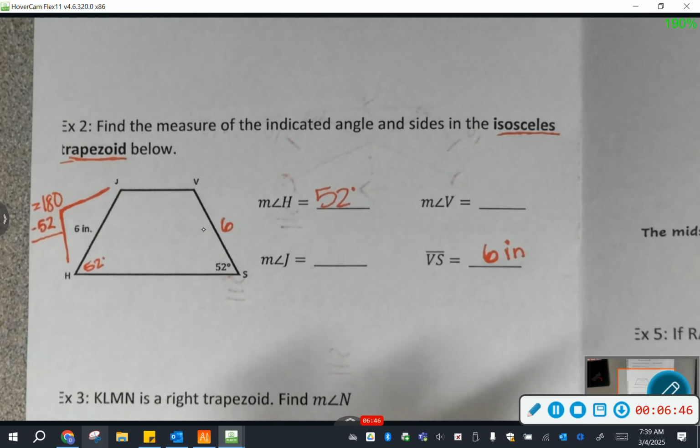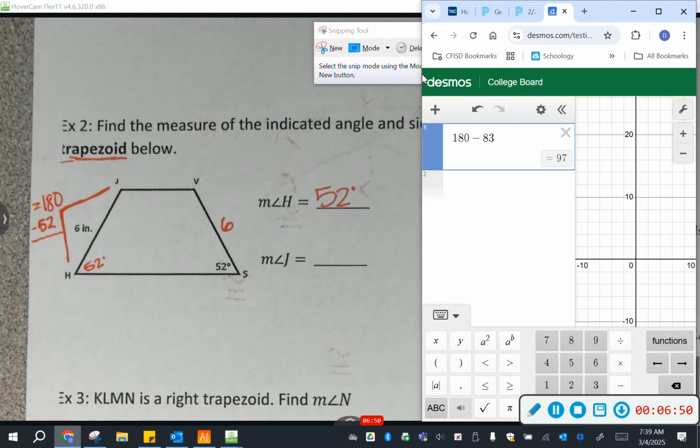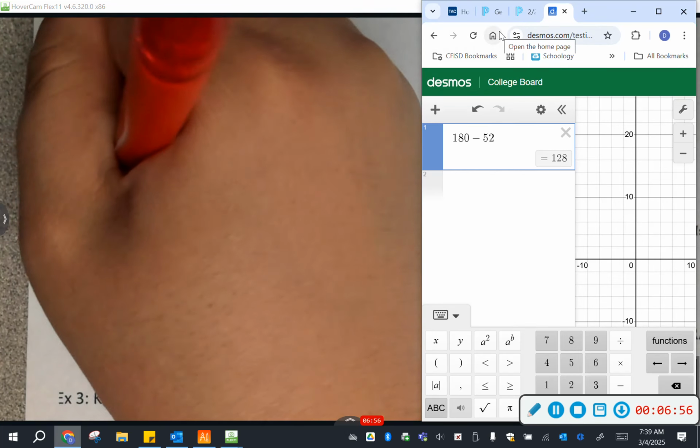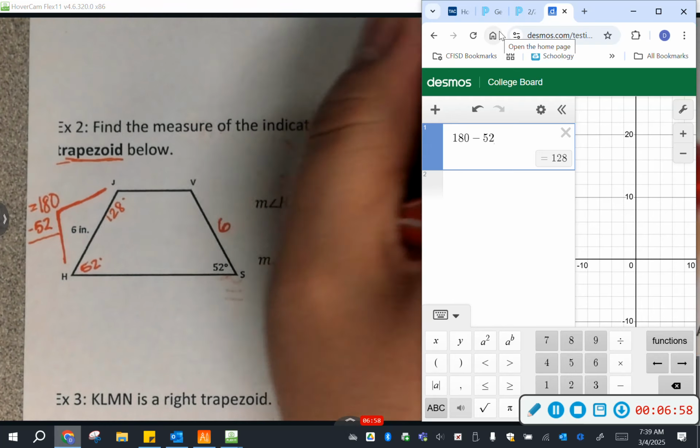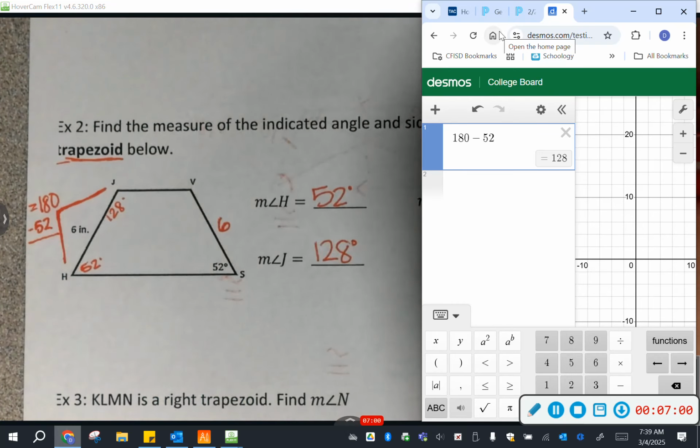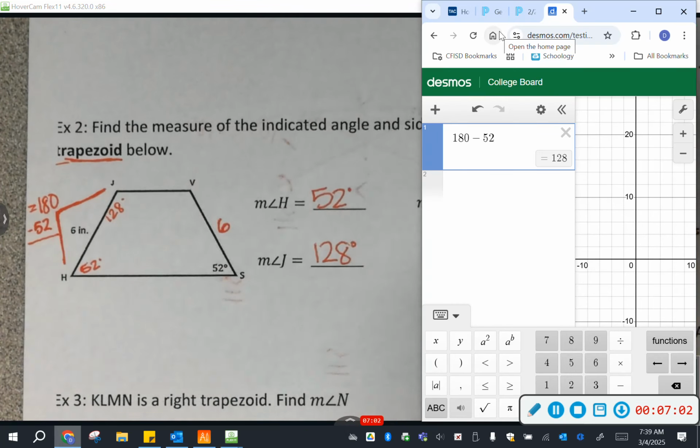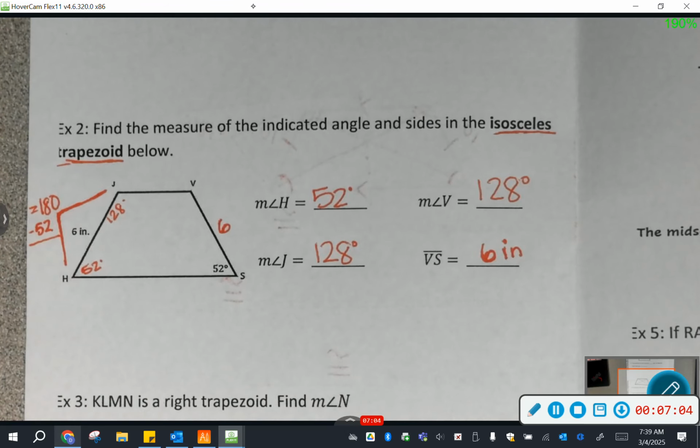I can still do that. And what is 180 minus 52? 128. So J is 128. What is V then? 128. We like isosceles trapezoids.